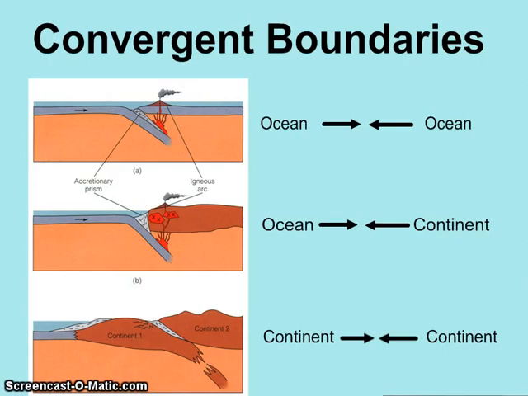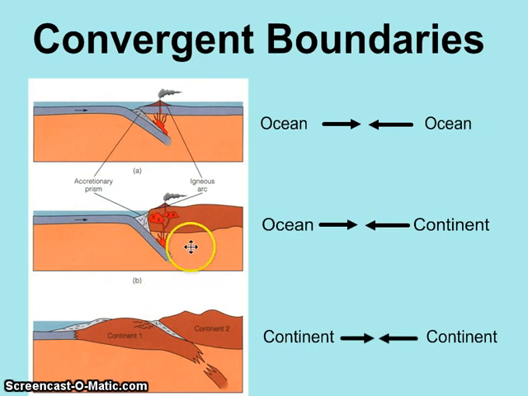With convergent plate boundaries, when you have an oceanic and oceanic crust colliding, you can have things like volcanoes form. And those volcanoes can become so large that they actually create islands. Also, you can have an oceanic and continental plate colliding. And when this happens, because the oceanic plate is more dense than the continental plate, it'll actually slide underneath it. When it does this, it experiences a lot of heat and pressure right here.